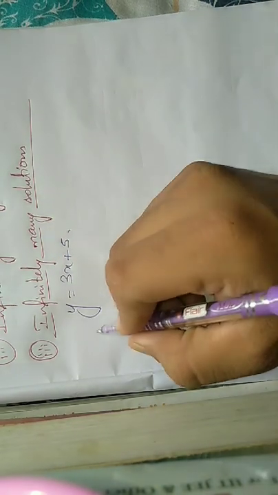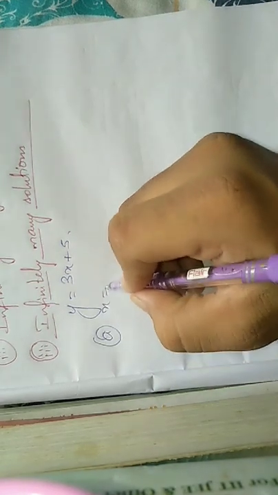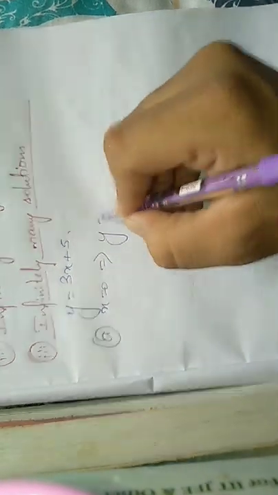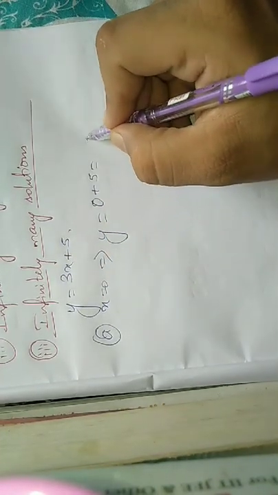We need to take a value of x or y, and based on that we will get some values. We'll start with x. Let x equal to 0. Case A, where x equal to 0, y is equal to 3 into 0 is 0 plus 5. So y is equal to 5.